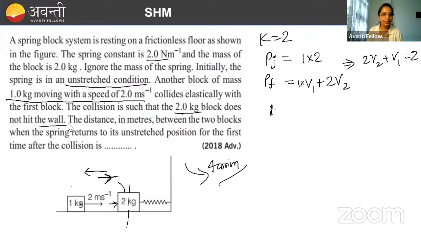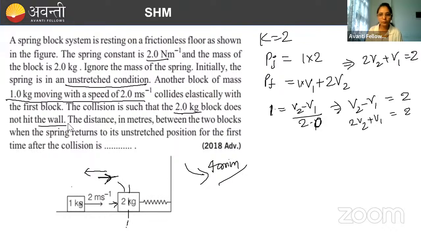So e का value 1 है, that will be equal to (v2 minus v1) by (2 minus 0). Initially तो 0 था ना, 2 kg का speed. So v2 minus v1 equal to 2, and this is 2v2 plus v1 equal to 2.